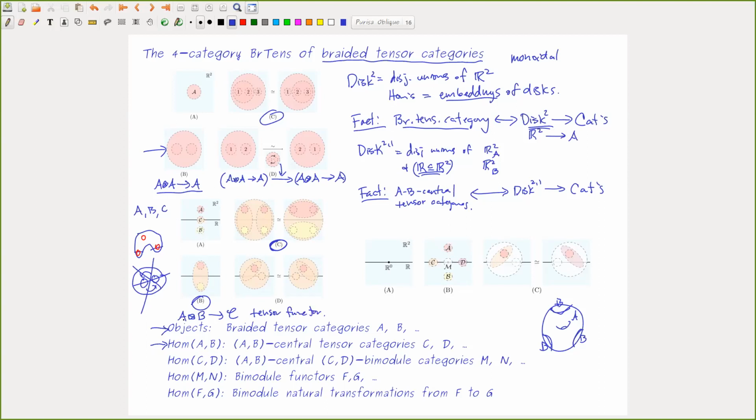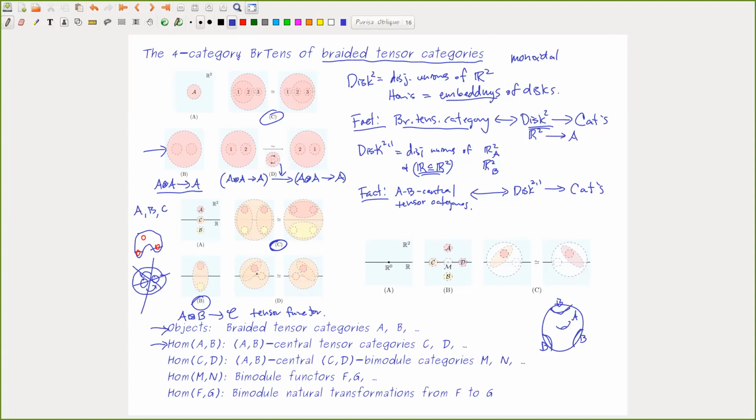Remember that the multiplication of A and B was just given by horizontal stacking of disks. The multiplication of C is given by horizontal stacking of these disks with defects, and those are just compatible. So that's a tensor functor.